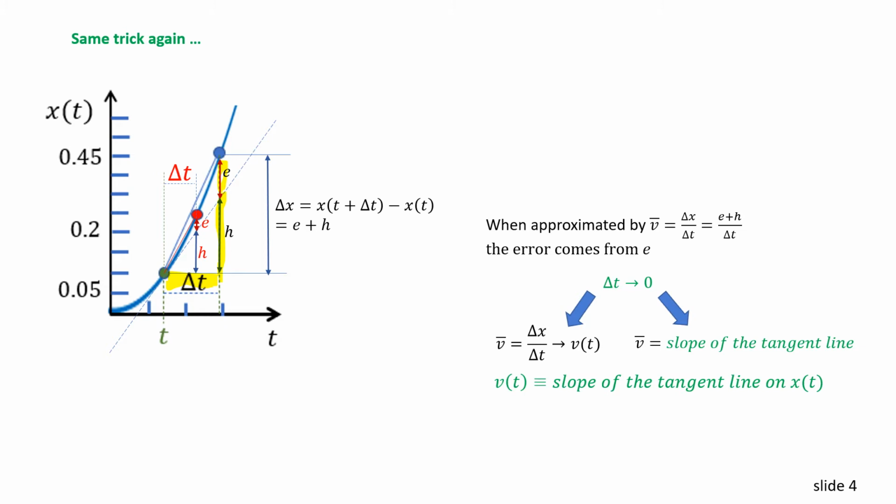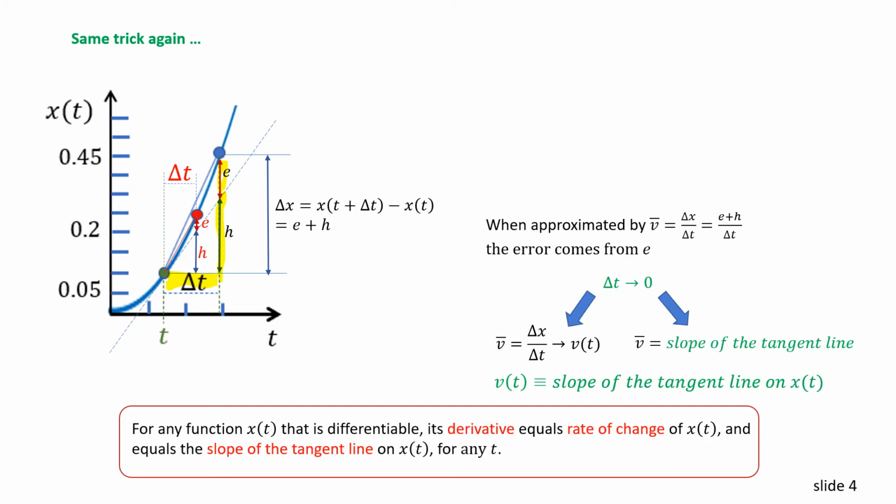We have found out the geometric meaning of the derivative, which is the slope of the tangent line. So let's wrap this whole thing up. For any function x(t) that is differentiable, meaning that you can find the derivative at any point on a function, its derivative will be equal to the rate of change or slope of x(t) for any t.